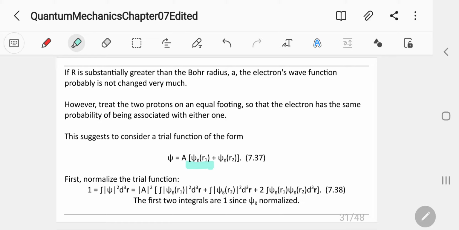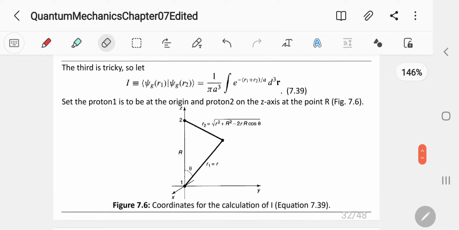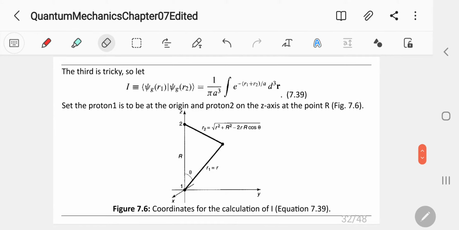The first wave function is that the first proton owns the electron, and the second wave function is that the second proton owns the electron. So the third integral would look like this, which is just this using the hydrogenic wave functions. So it would just be that expression.